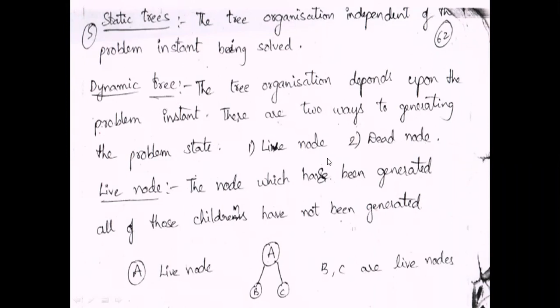The live node is a node which has been generated but all of its children have not been generated.